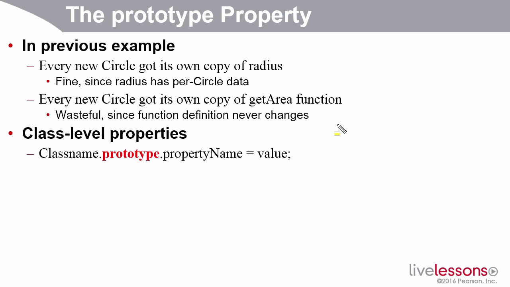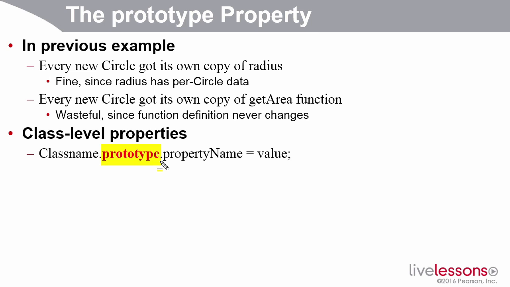So JavaScript has this idea of properties that belong not to each individual instance, but shared properties that belong to the class. And you use a special field that's automatically defined called prototype. So if you take the class name like person or circle, and you say dot prototype dot a field name, then it assigns it at the class level.